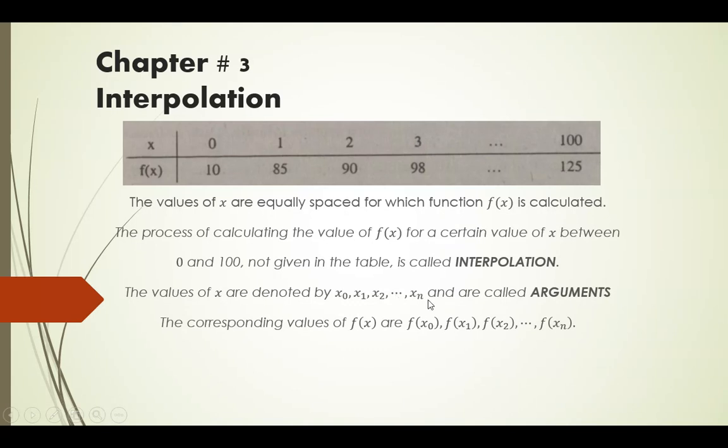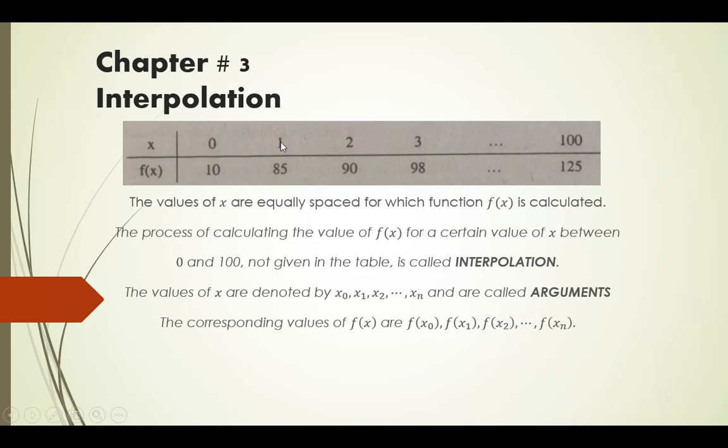So these values of x are called arguments, as I told you, and the corresponding values of f of x are 10, 85, 90, 98 and so on. These values of f of x will be denoted by f of x naught, because if this is x naught, this will be f of x naught, which is 10.